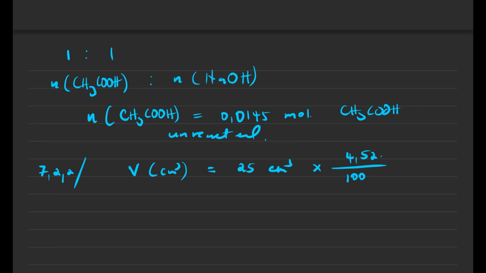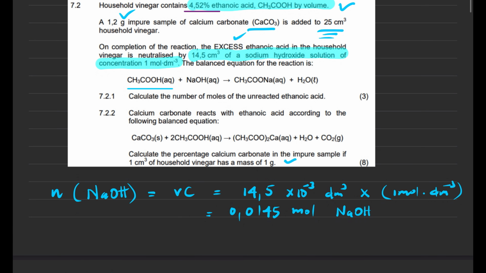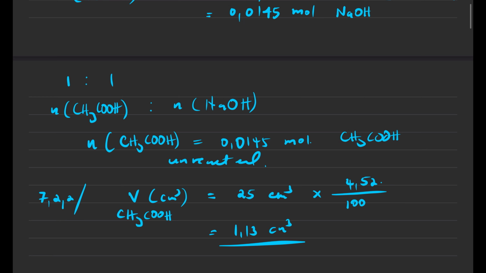All right, and then 25 times 4.52 divided by 100, and then from here we're going to get a volume of 1.13 cubic centimeters. What is that volume for? That is the volume of CH3COOH, which is contained in the household vinegar, as you guys are seeing there.